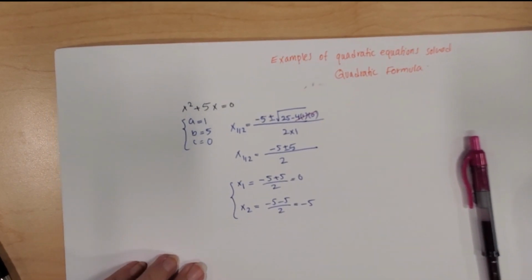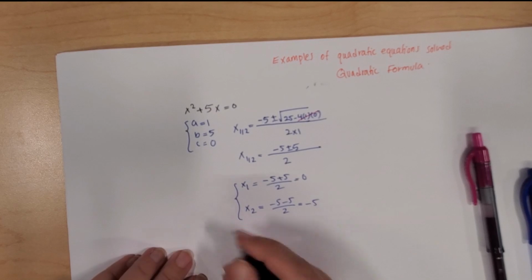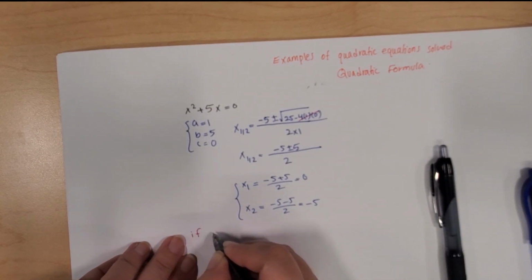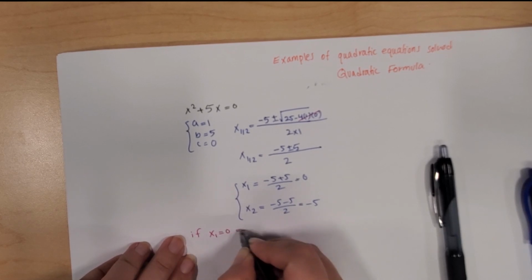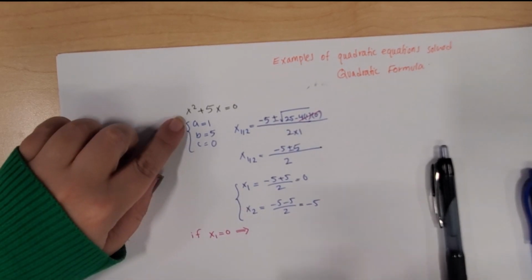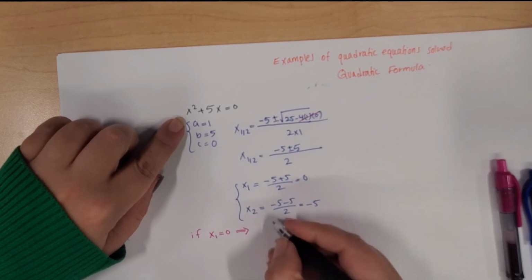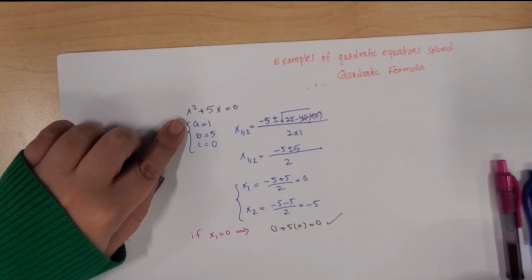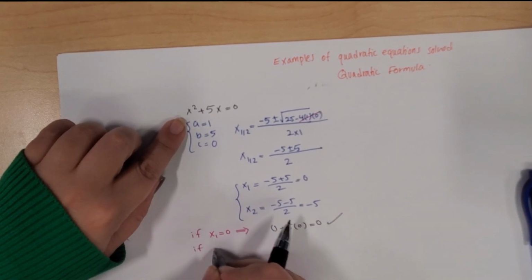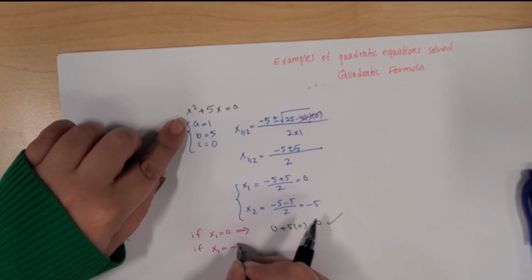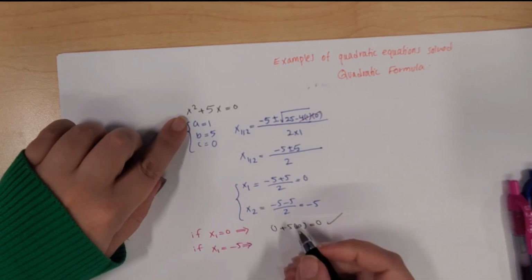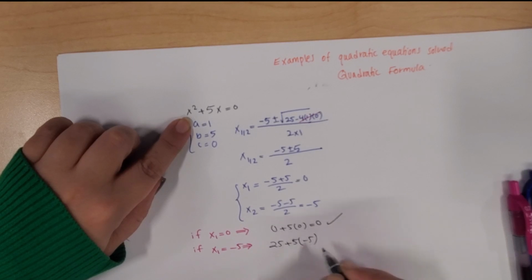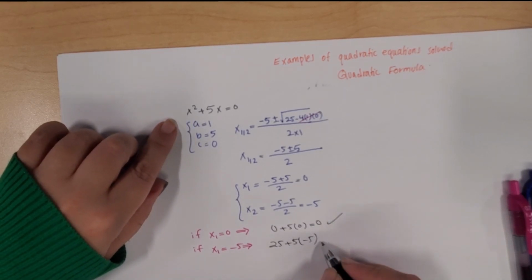And let's substitute and see if both of them are correct answers. If x1 is equal to 0, I substituted back here, so it would be 0 plus 5 times 0, it's equal to 0. Yes. Now let's try the other one. If x is equal to negative 5, so x to the power 2 is 25, plus 5 times negative 5. 25 minus 25, it's 0.